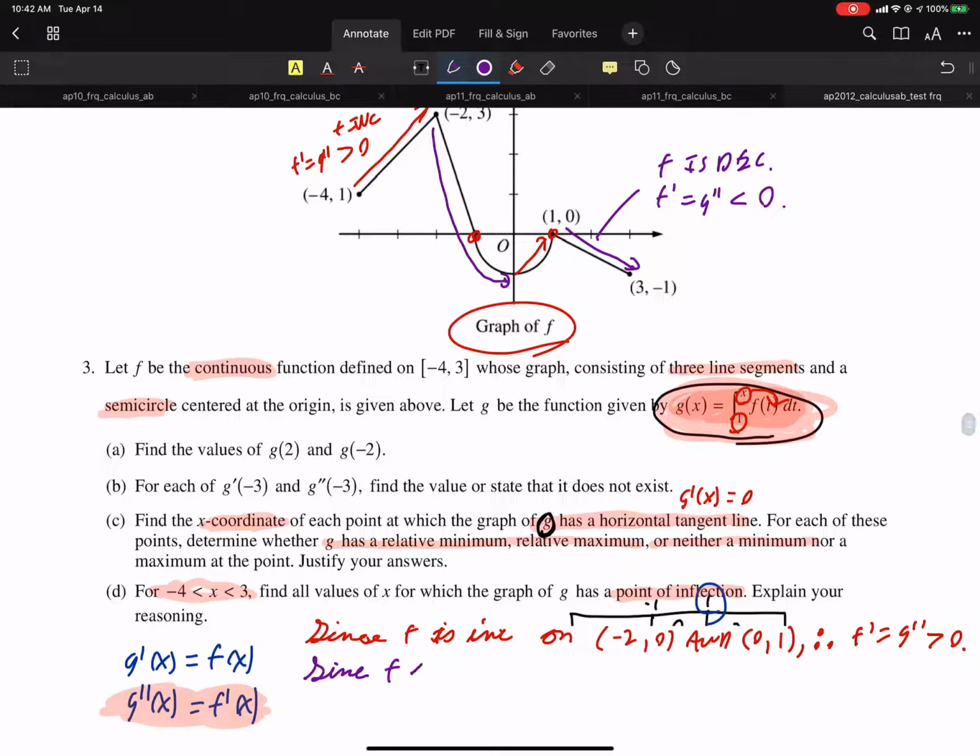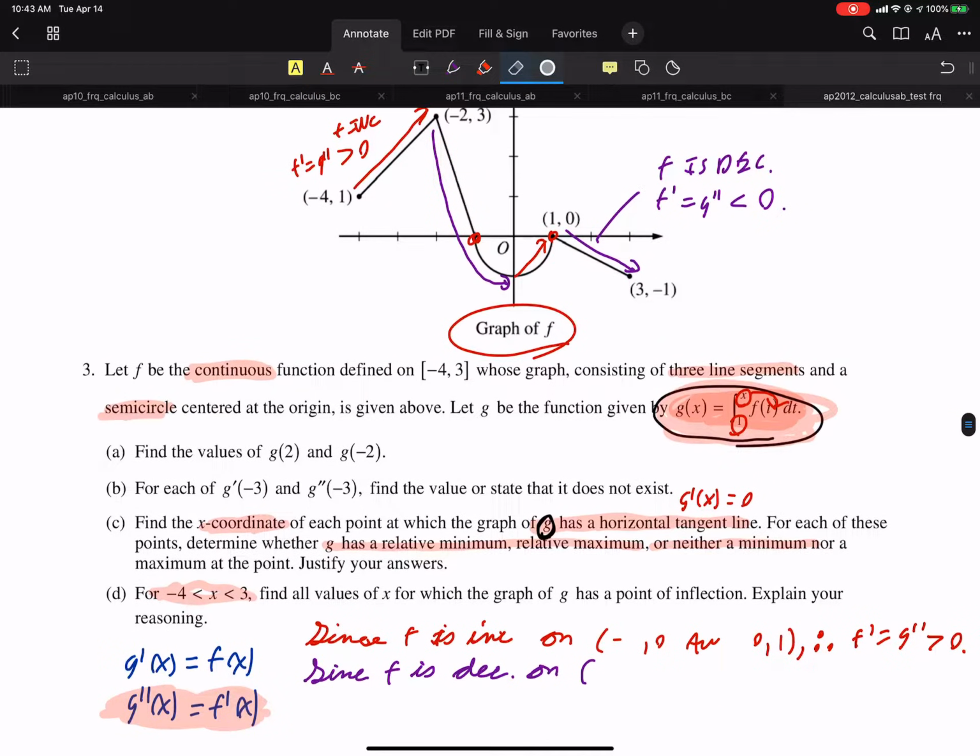Since f is decreasing on, and what intervals were they? -2 to 0. No. Let's go back. Whoa, we're in trouble here. I don't know why it's bleeding from the bottom.